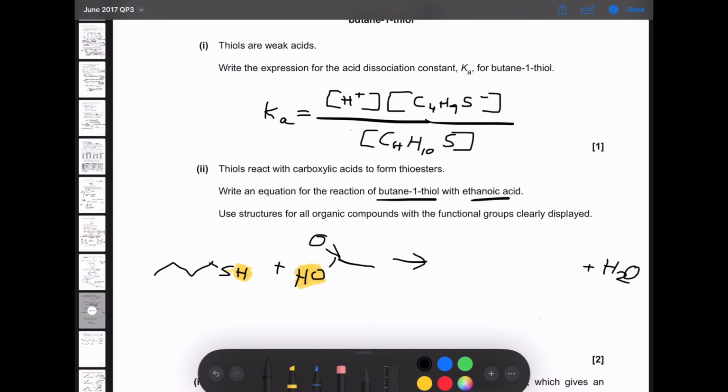So that's going to be 1, 2, 3, 4 down to the S, and then the S is going to bond to a carbon, which is double bonded to an oxygen, which is like that.